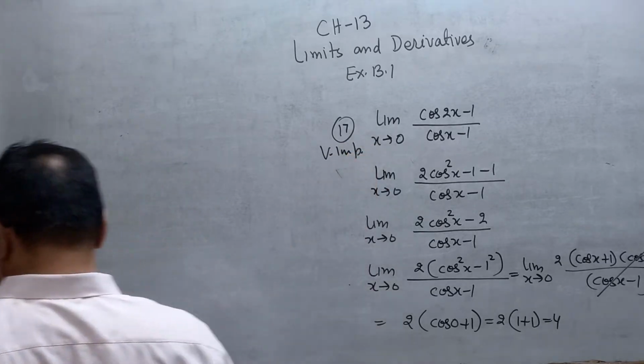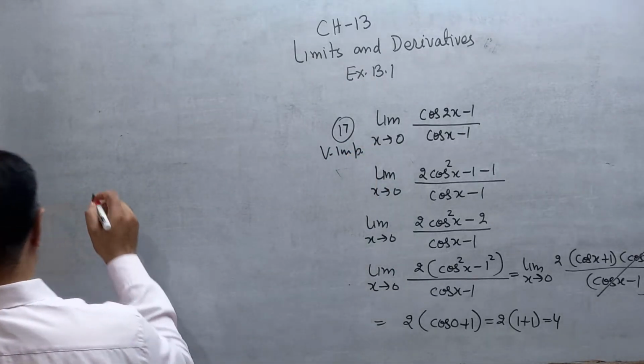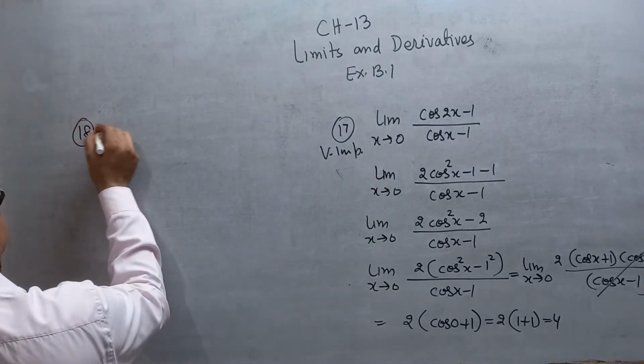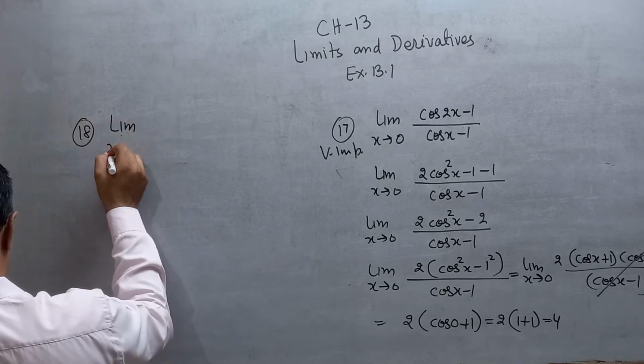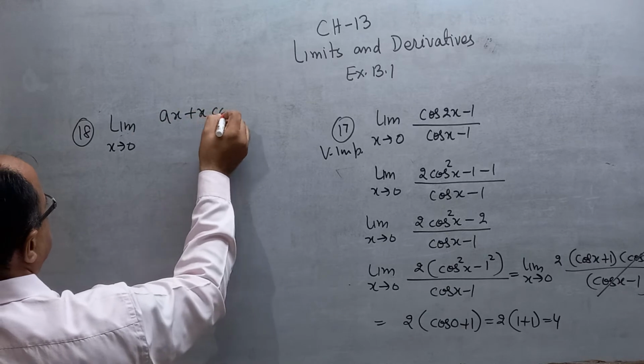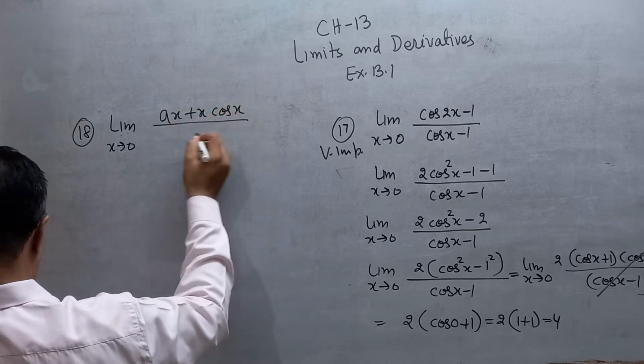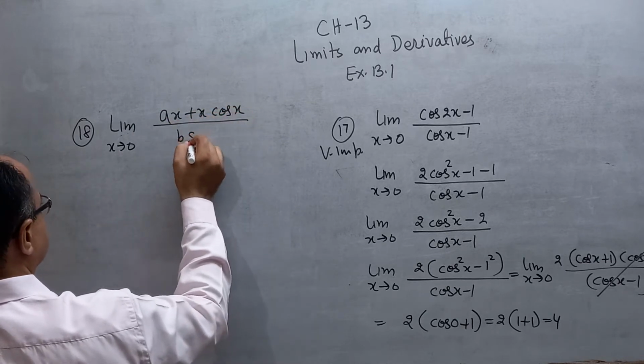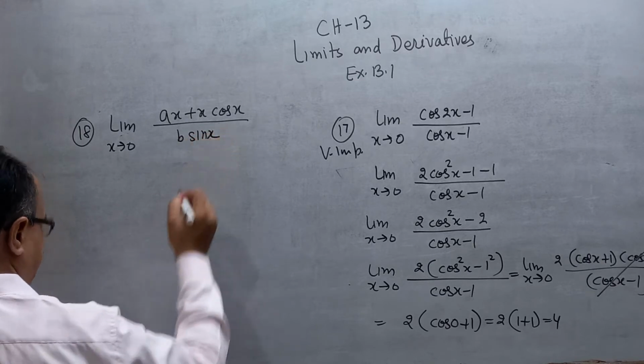Very important question, 18. Limit x approaches 0, (ax plus x cos x) divided by (b sin x).